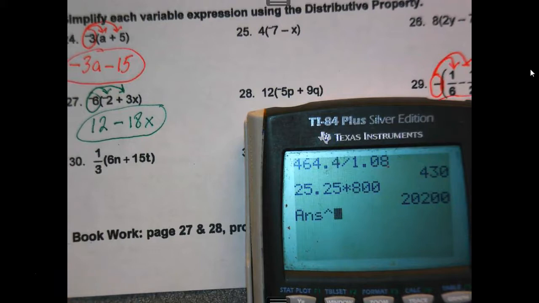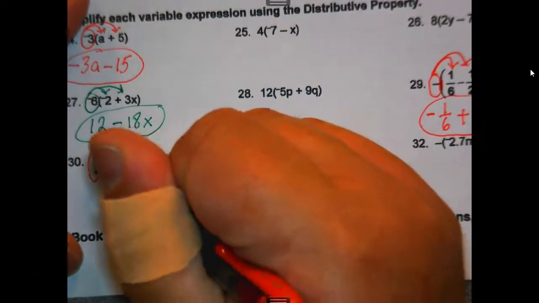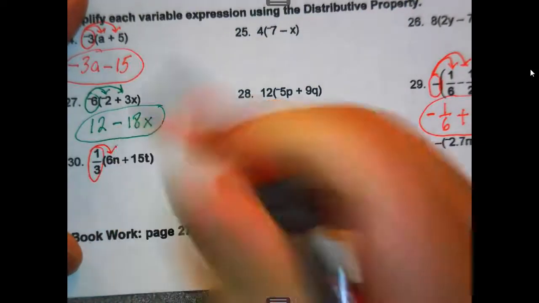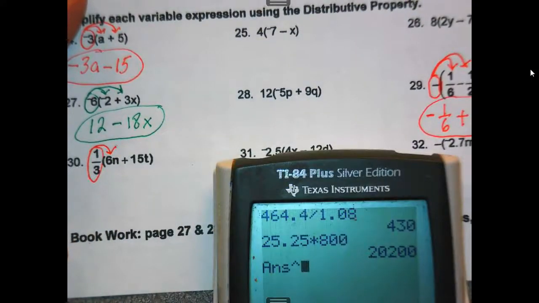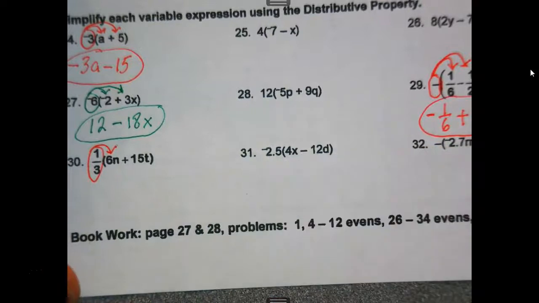Okay, I have to distribute the 1/3, right? 1/3 times 6n, or 1/3 times 6 is what? 1 divided by 3 times 6. 2. Told you it was 2.